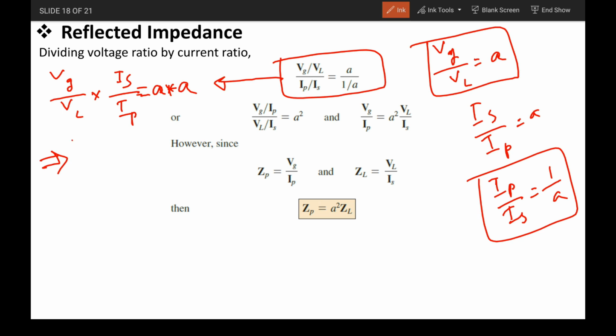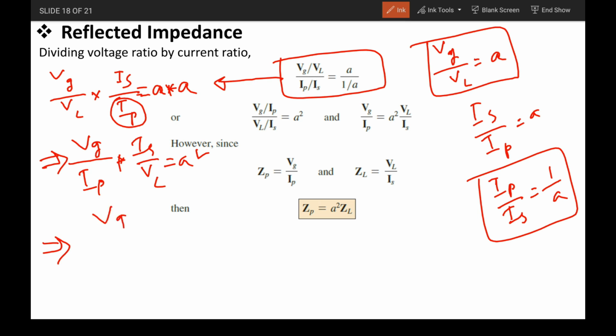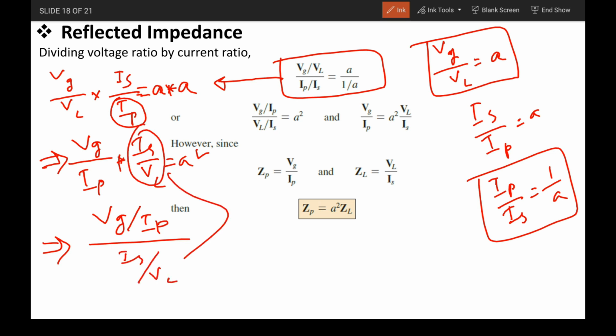If we change it to VG over IP, and then again IS over VL equal to A square, then again if we take the second multiplication term to the denominator, IS over VL.